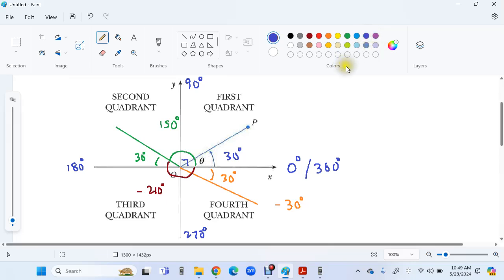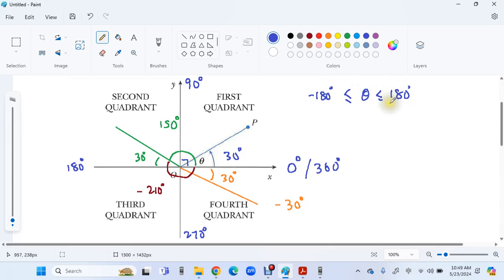Okay, this is important because later in some of the IGCSE past year questions, the final answer that they want you to write is from negative 180 degree to 180 degree. So your answer has to be written in this range, in this domain.